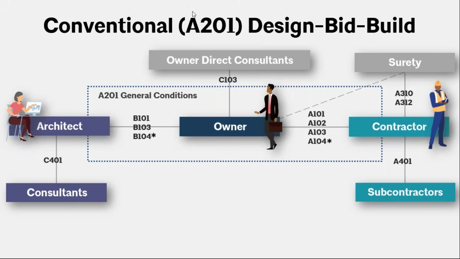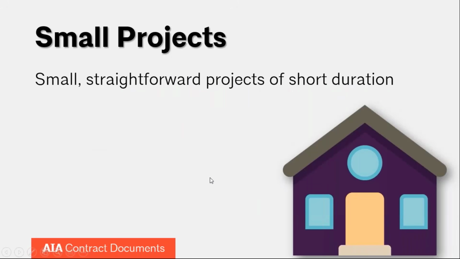All right, thank you, Ben. So as Ben alluded to, it's a nice segue onto our small projects family. So we have a small family for small projects. These are for projects that are small, straightforward, and of short duration is how we kind of define small projects. What small actually means is kind of up to you.